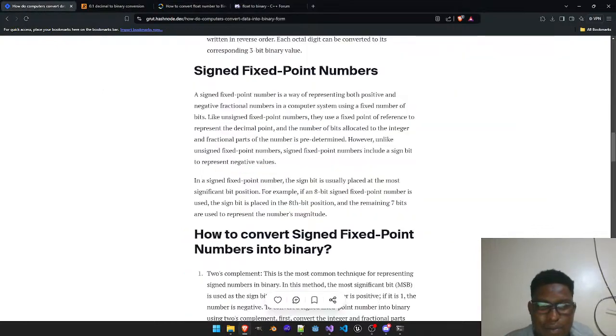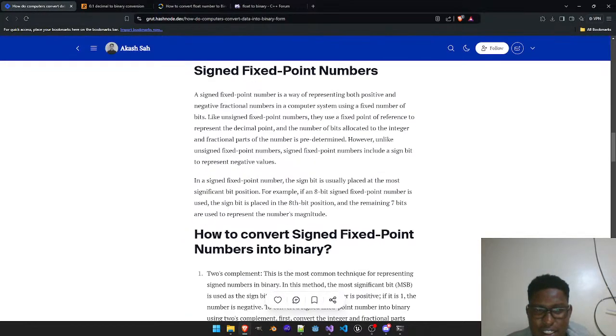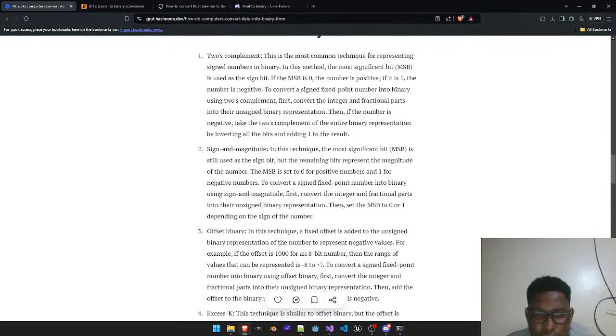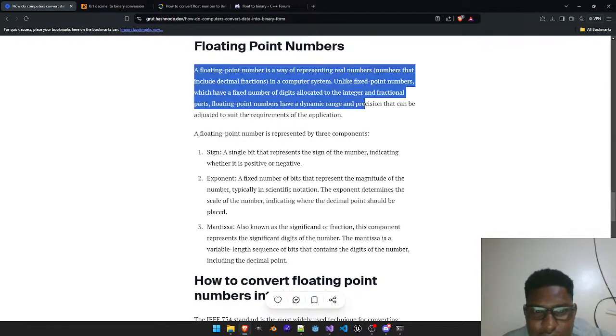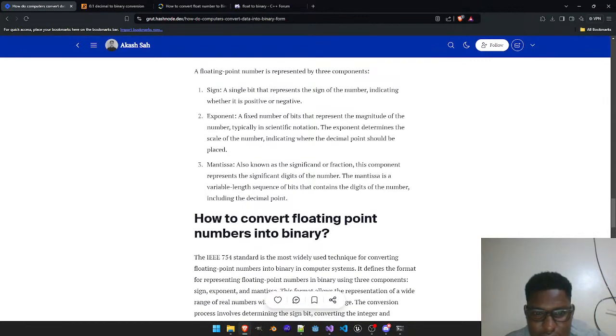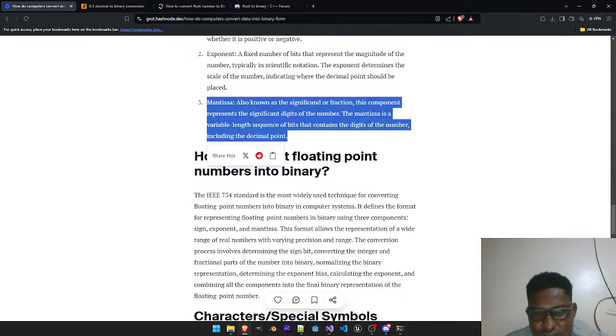So let me go back to this first site. For floating point numbers, according to this site, root.hashnode.dev, they're saying there's a certain way that floating point numbers are stored, and it's not the way we calculate it per se. They're saying assign an exponent and mantissa.